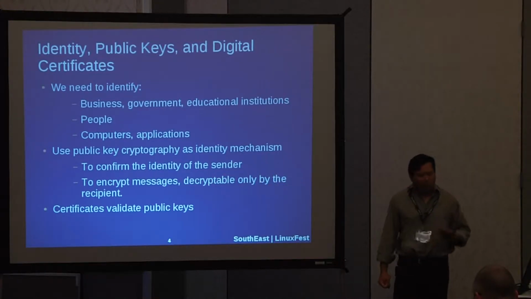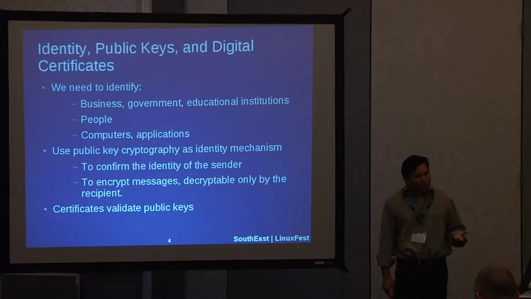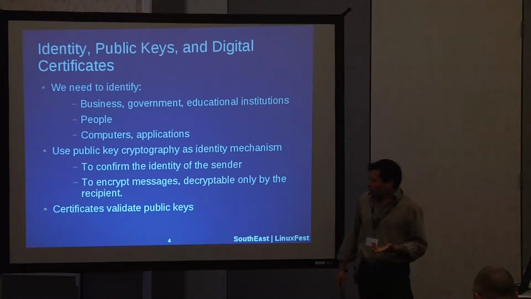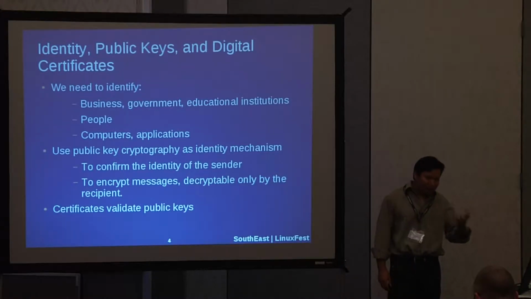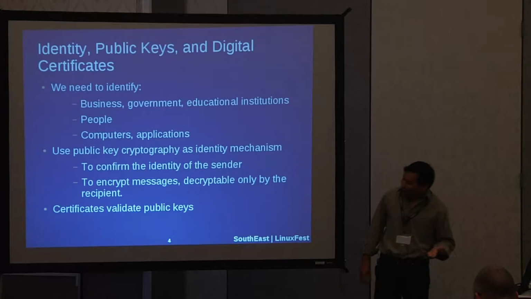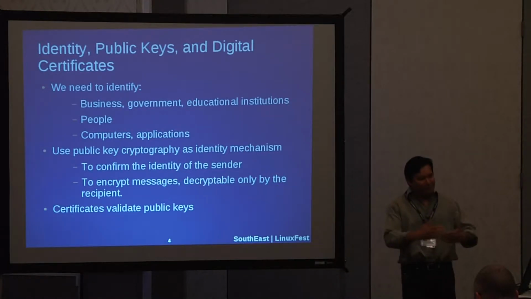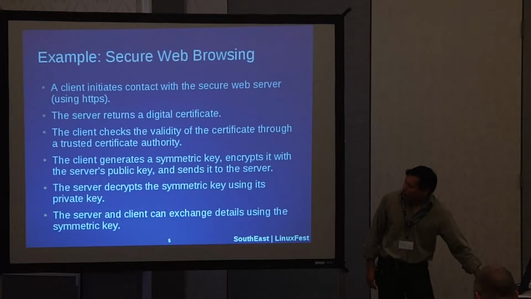And then finally, in order to validate the public keys being sent back and forth, you have to have a certificate authority, which is something that you trust. If you trust that certificate authority, and that certificate authority trusts the certificate authority that issued that certificate, then you know to trust that thing. So it's a web of trust, as it were.